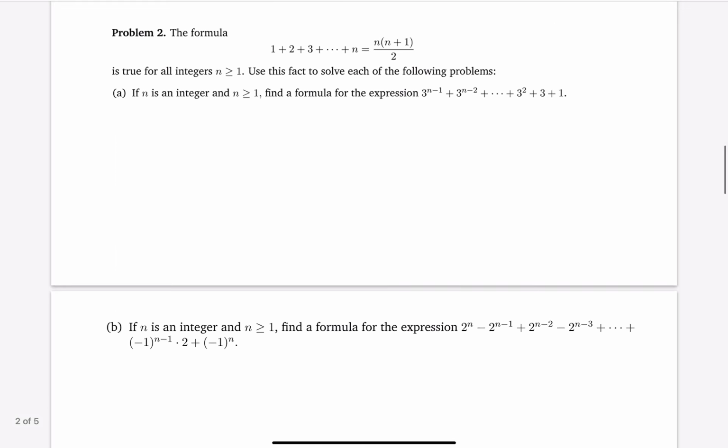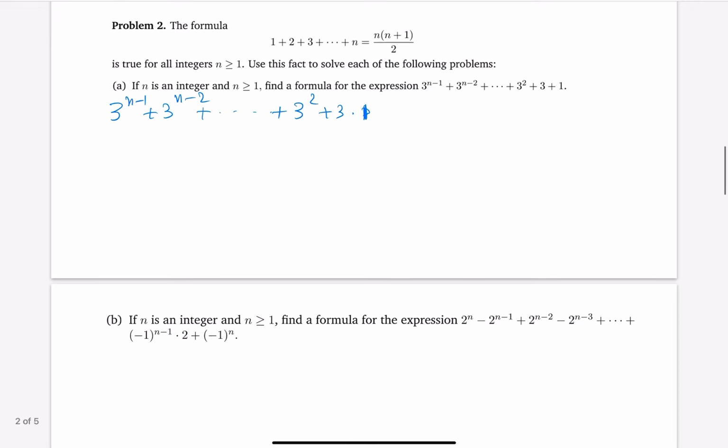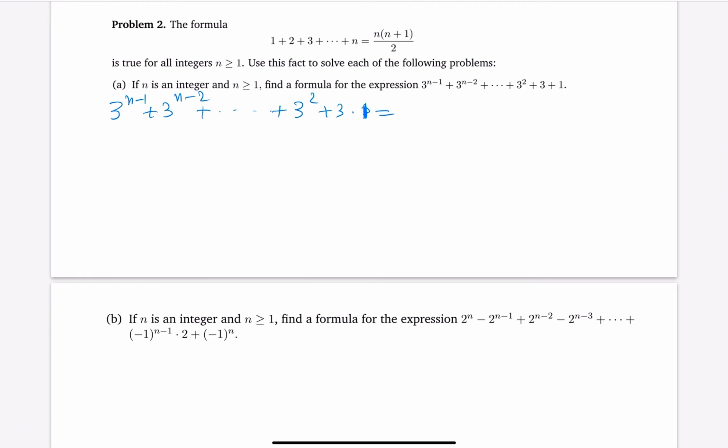Now the next one, find the formula for this sum: 3 to the n minus 1, plus 3 to the n minus 2, and so on, plus 3 squared plus 3 times 1. If you multiply and divide by 3 to the n, nothing will change.